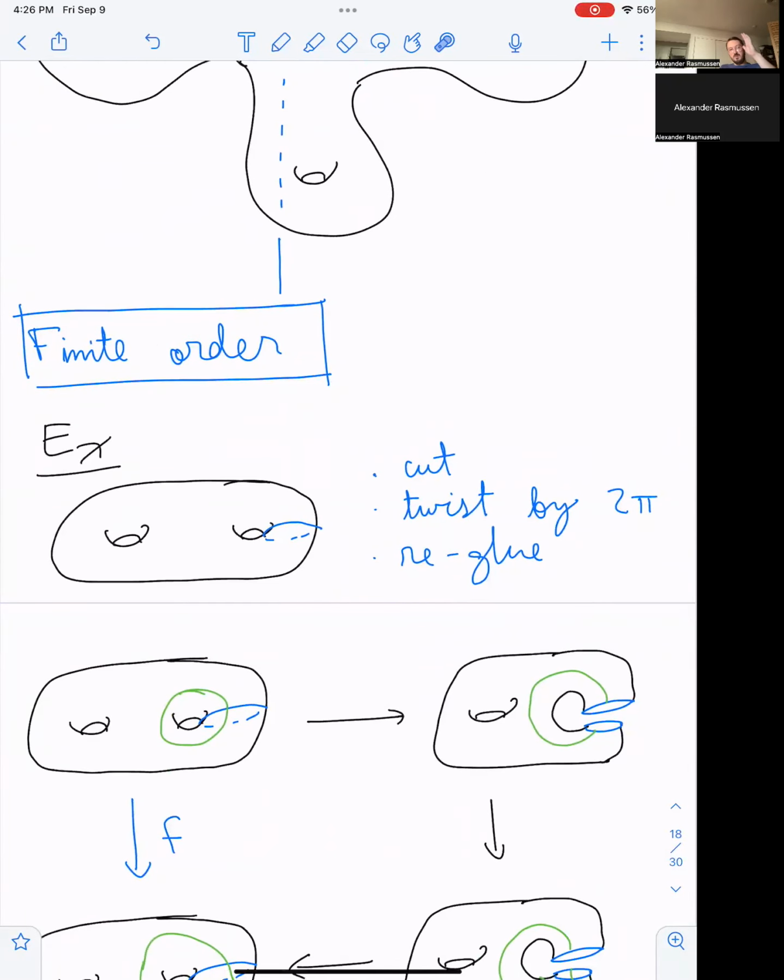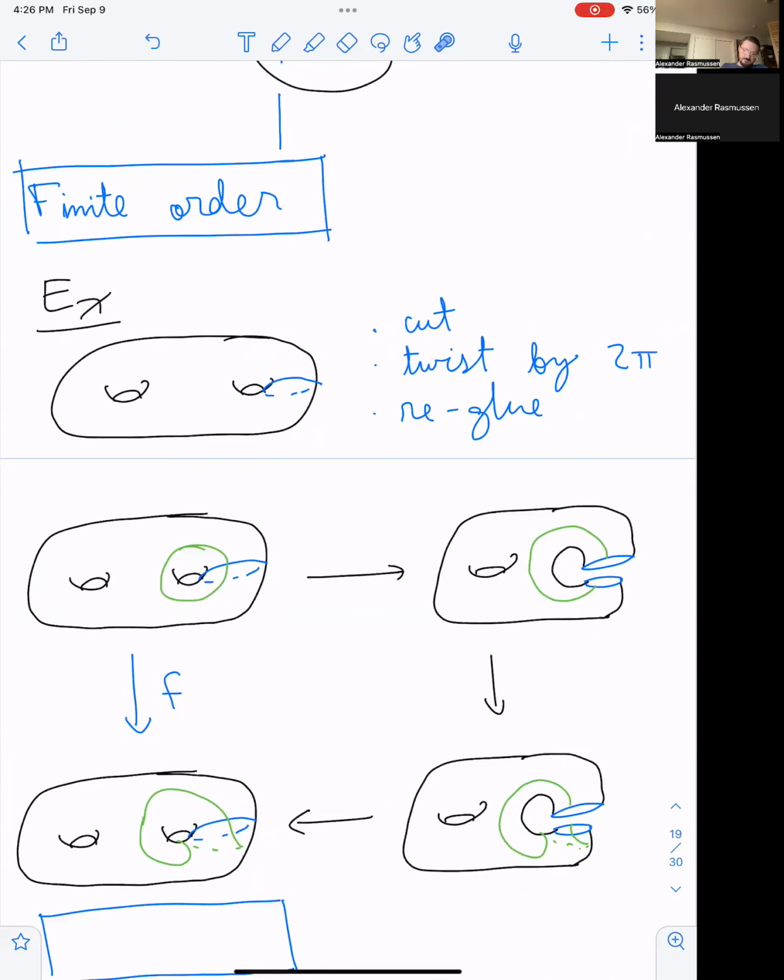Another classic example would be Dehn twists. So here you're going to fix a simple closed curve, just an embedding of a circle into your surface, and you're going to define a homeomorphism that twists the surface around the circle.